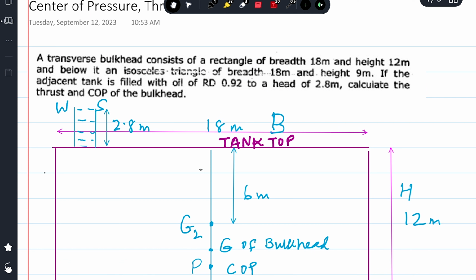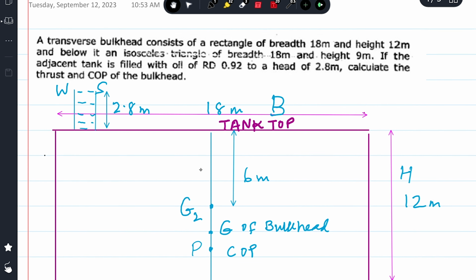Transverse bulkhead consists of a rectangle of breadth 18 meters and height 12 meters, and below it an isosceles triangle of breadth 18 meters and height 9 meters. If the adjacent tank is filled with oil of RD 0.92 to a head of 2.8 meters, calculate the thrust and COP of the bulkhead.